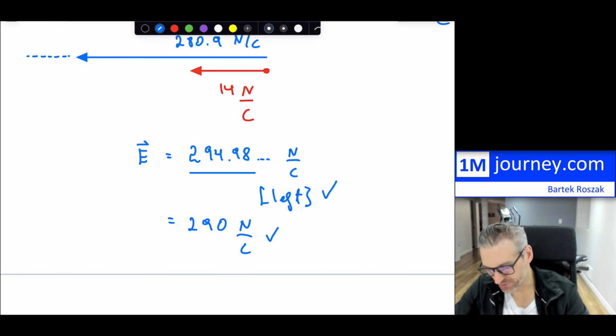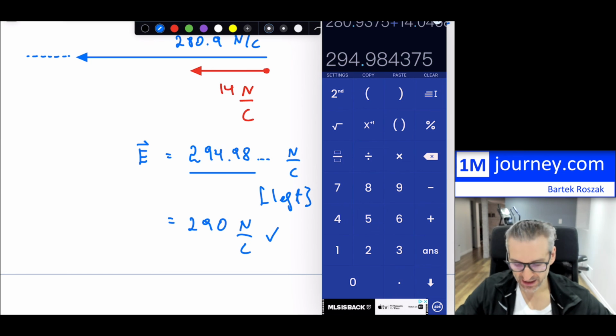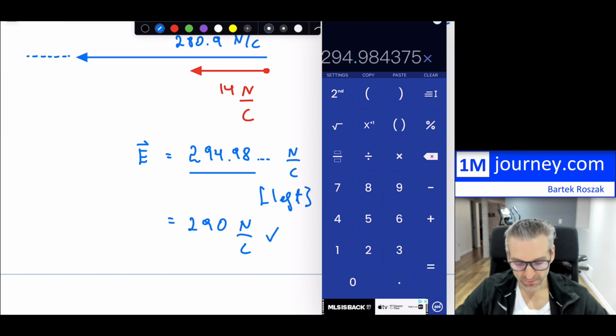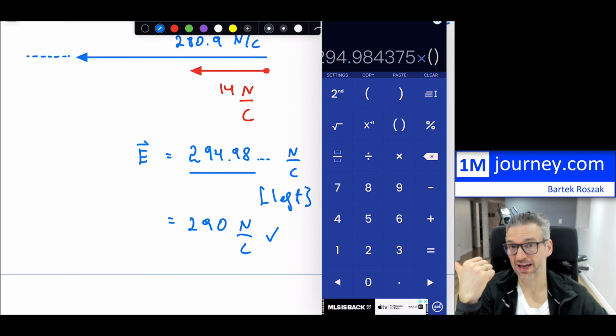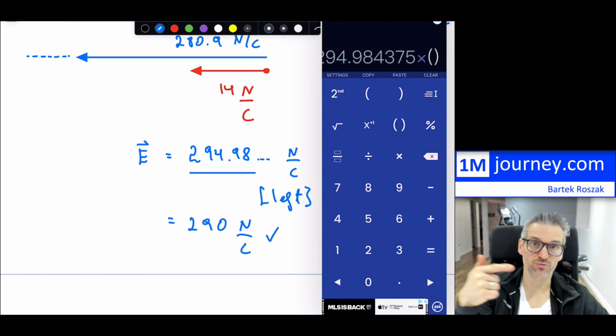So what you would have to do now is take whatever your electric field is and multiply this by the charge itself. Now, because it's negative, the force is not going to be to the left, but to the right. And you have to be careful with that.